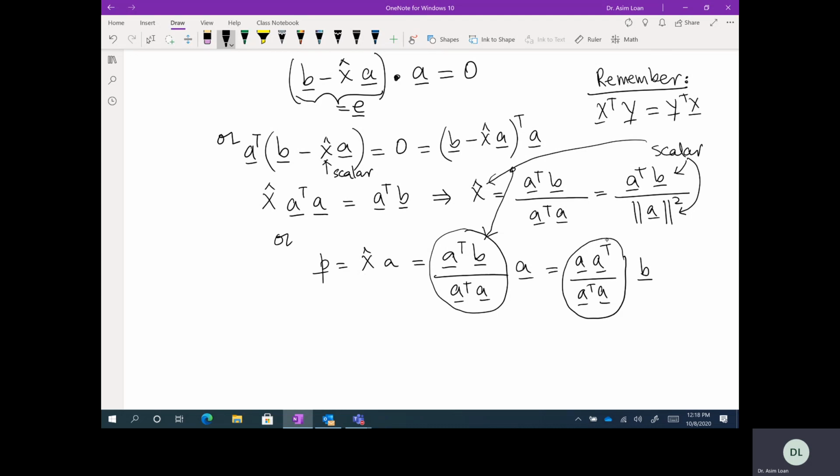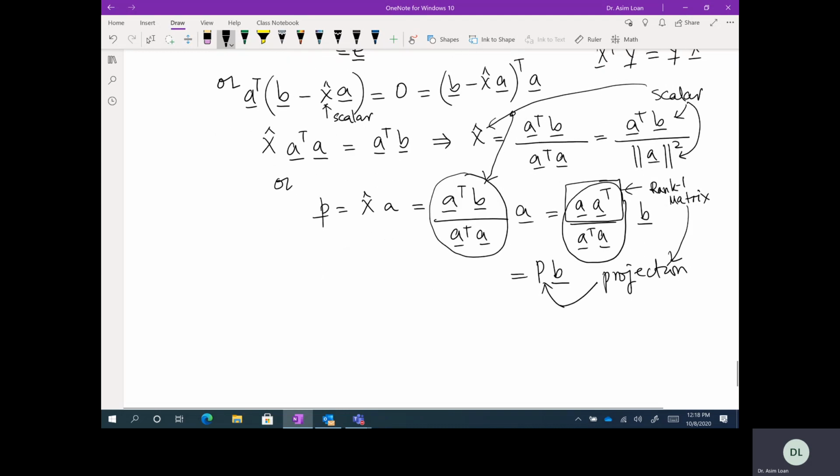This is a scalar, but this is a rank 1 matrix, and this will be equal to some P times B, and this P is called the projection matrix.